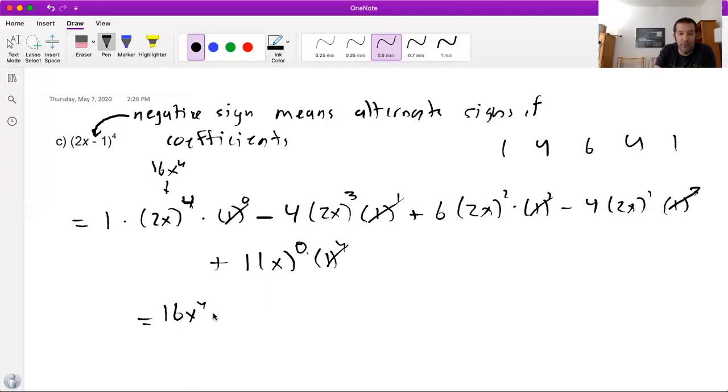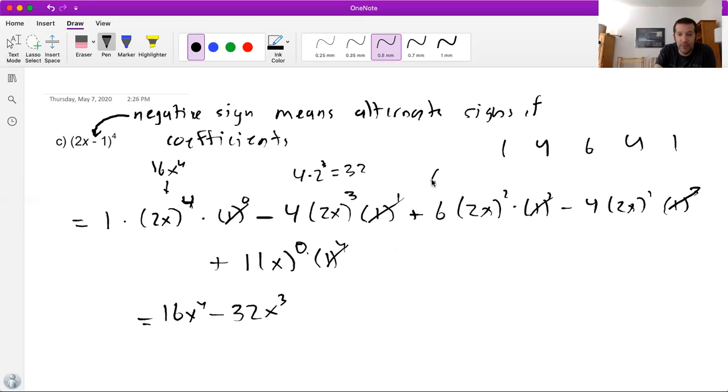Oh, so I'm done. Now the coefficient here is 4 times 2 cubed. That's 4 times 8, which is 32. The coefficient is not 4 times 2 because the 2 is raised to the 3rd power. So I get 32, and then x is raised to the 3rd power. I should expect the powers of x to keep decreasing by 1, and they will.